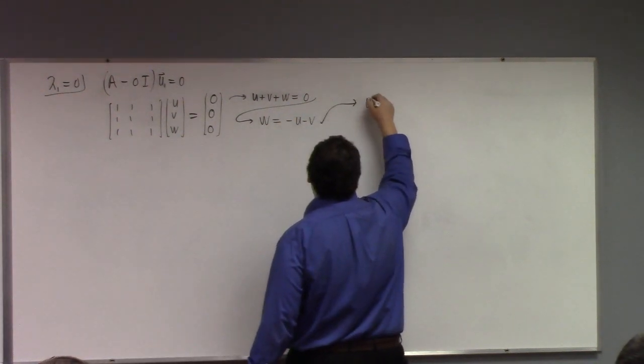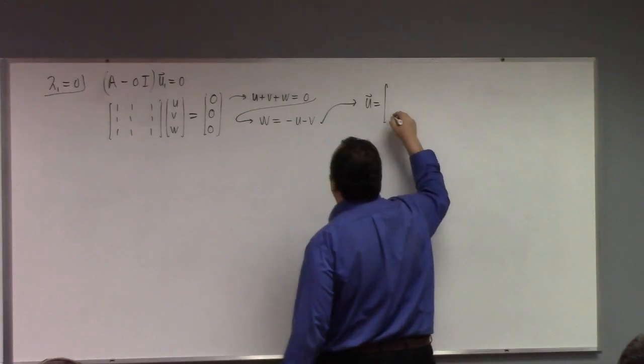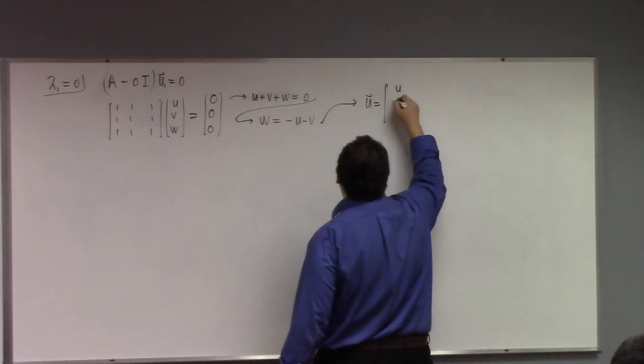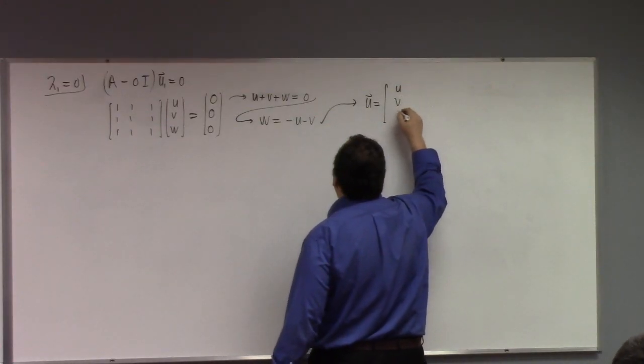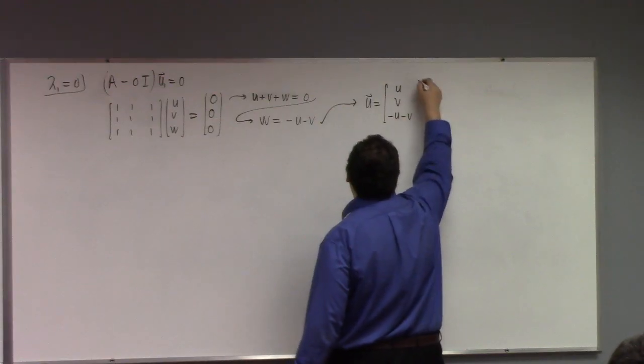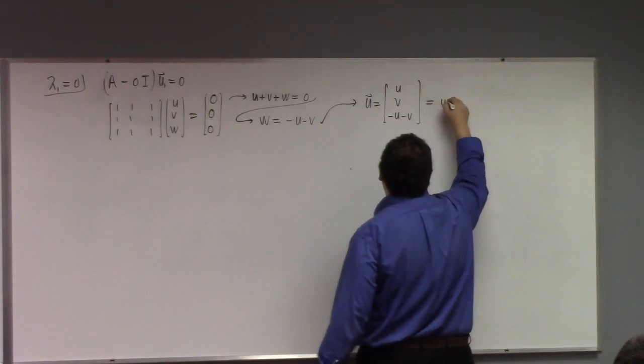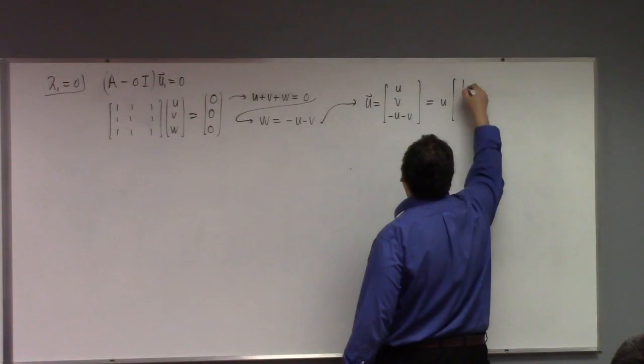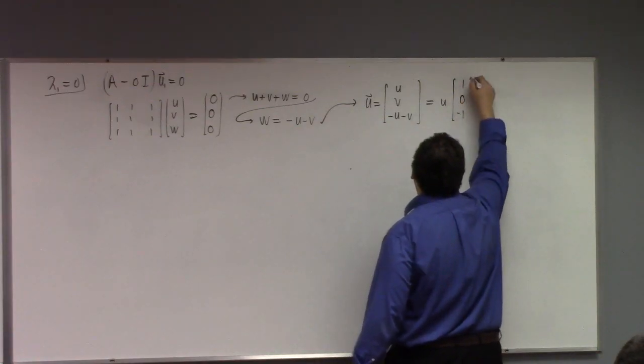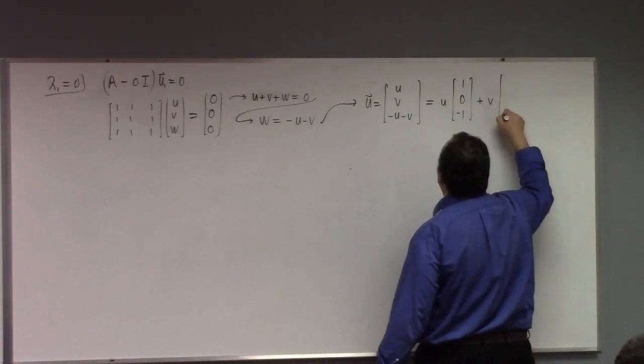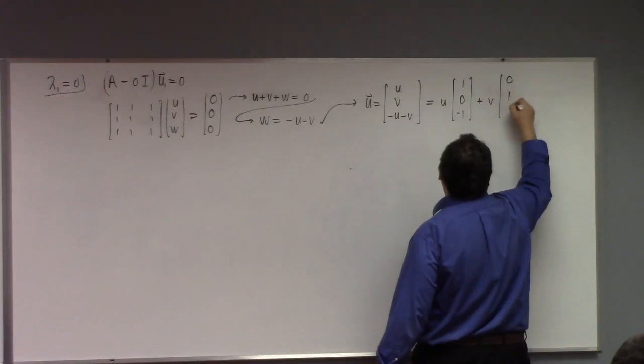Which gives me that my vector that I'm looking at has the form u, v, and minus u minus v, all right? So if I factor out the u, that gives me 1, 0, minus 1 for this one, plus v times 0, 1, minus 1.